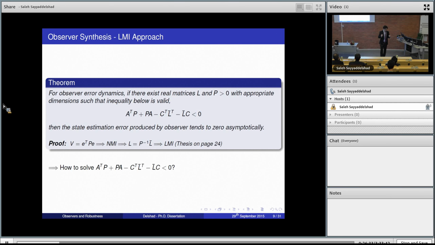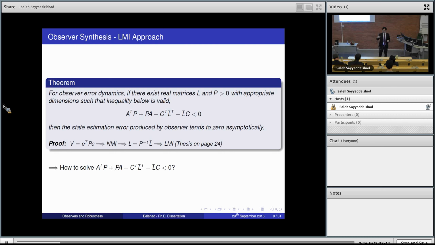Here is the first place where I want to stress that the history of the linear matrix inequality, the LMI, dates back to 1890, when Lyapunov was working on energy.